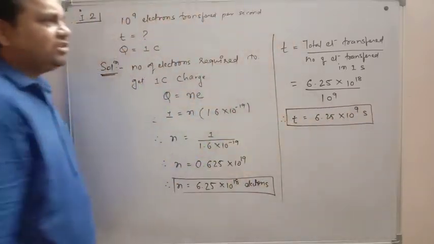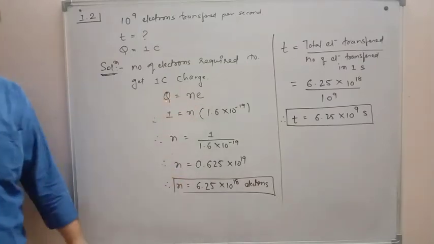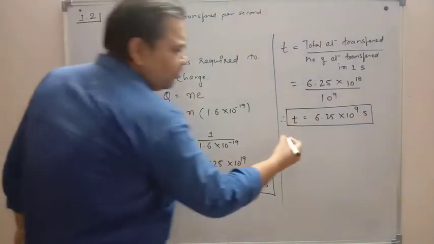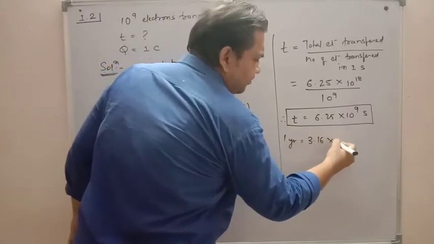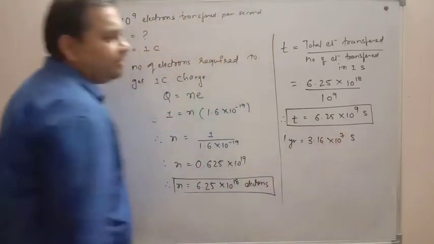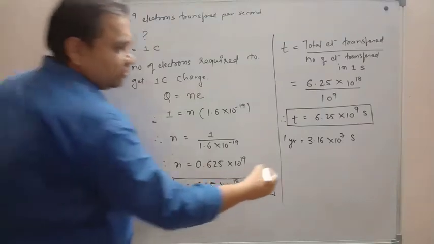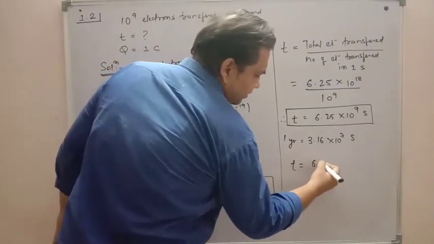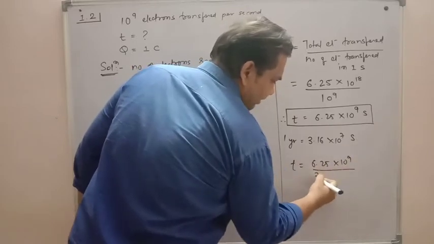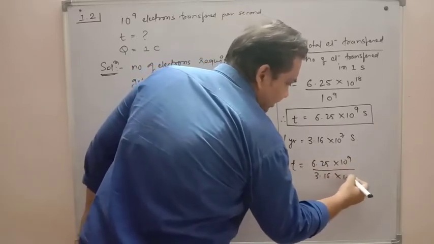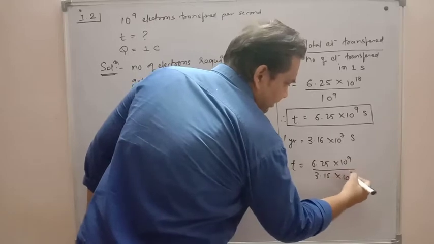Now this is a large amount of time. As we already know, 1 year is nearly equal to 3.16 into 10 power 7 seconds. So this time in years will become 6.25 into 10 power 9 divided by 3.16 into 10 power 7.